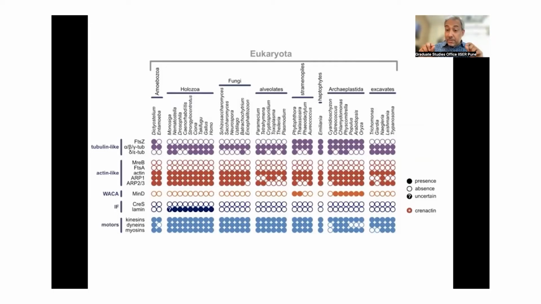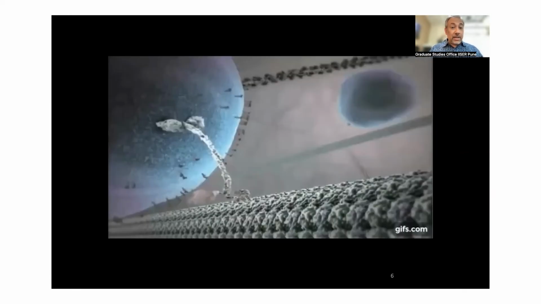We may have something that is the equivalent, because till 20 years ago we did not think there were cytoskeletal components in those early organisms, but now we know. So it's possible that there is an equivalent of a motor protein there, and it's just waiting to be found. And we have a more advanced version of this in the eukaryotes. But at this point of time, we don't have evidence for that. So when you plot a map like this, you see motor proteins kicking in at a particular point of time.